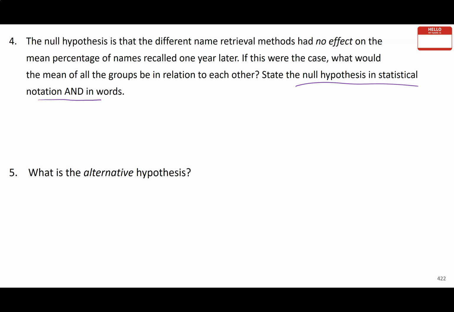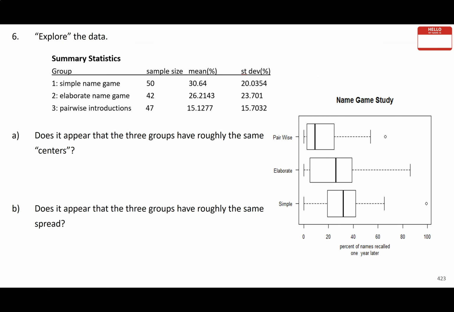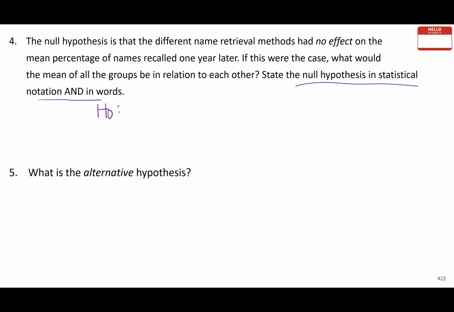So here we're going to go with mu, I'm going to use E, P, and S for elaborate, pairwise, and simple. So it's mu E equal to mu P is equal to mu S.